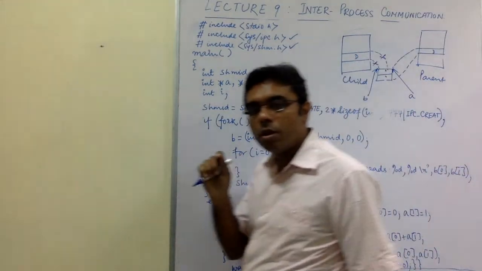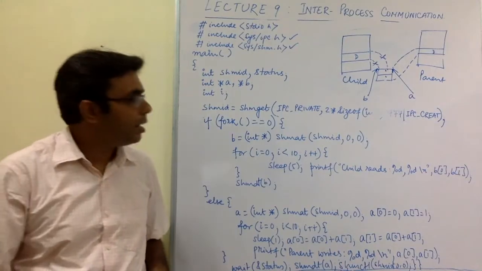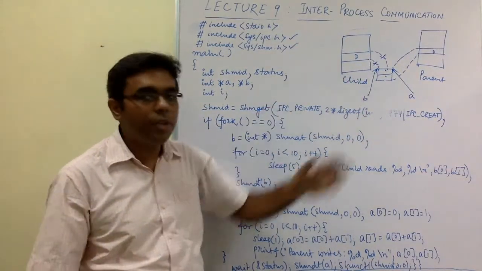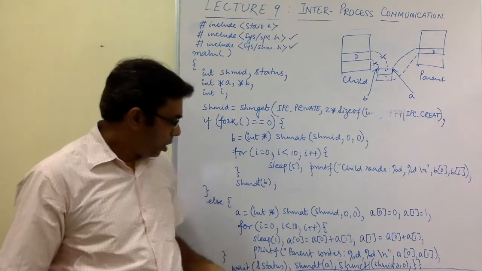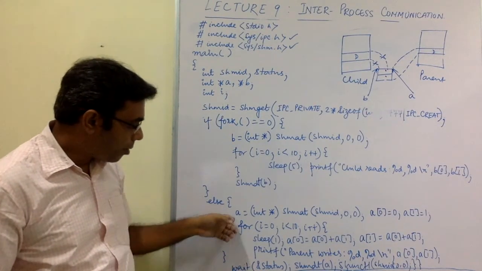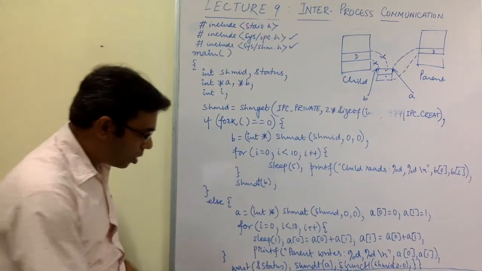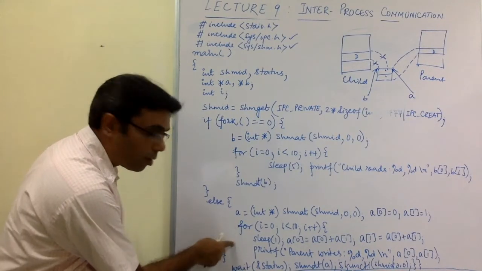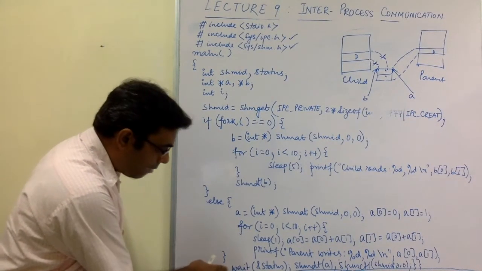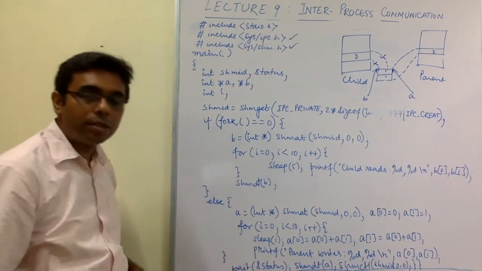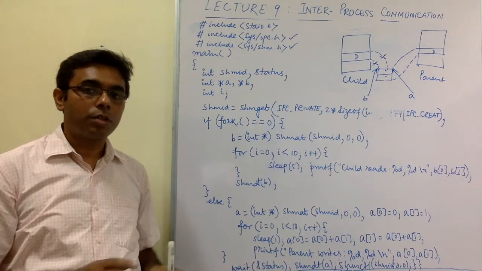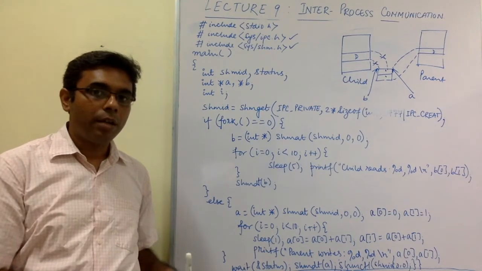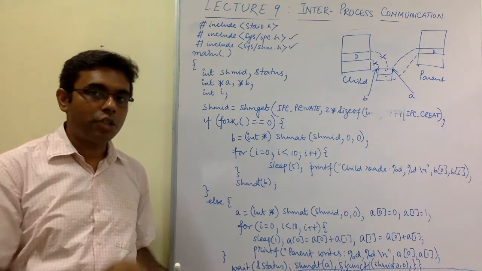So at every loop, the parent writes the two values, and the child in turn reads them from there. Oh, by the way, once the writer writes it, we have introduced the wait system call, which, remember, was a system call to make the parent wait until the child is over.